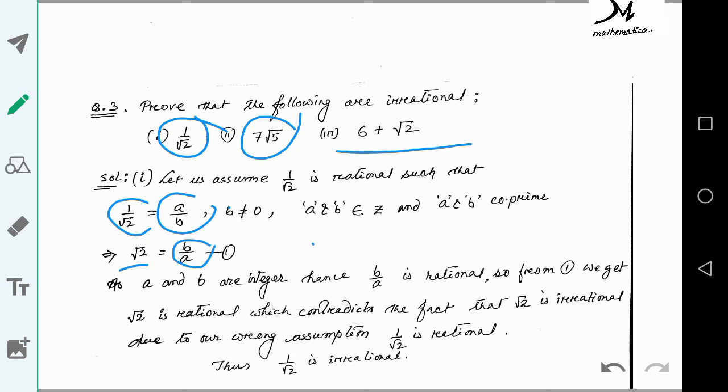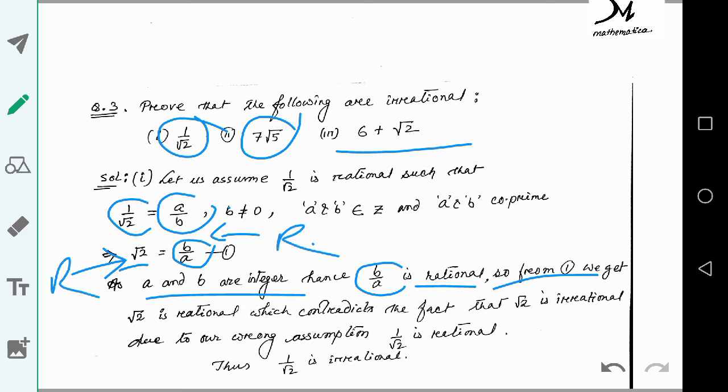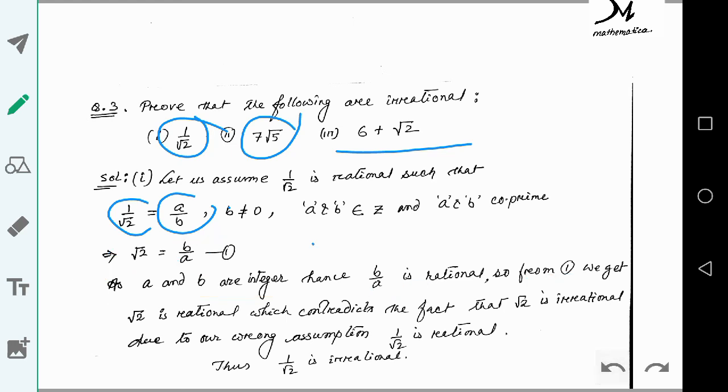As a and b both are integers, b by a is rational. And from 1, if b by a is rational, which is equal to root 2, then the left hand side must also be rational because both are equal. So from equation number 1 we have got root 2 is rational, but the fact is root 2 is irrational.